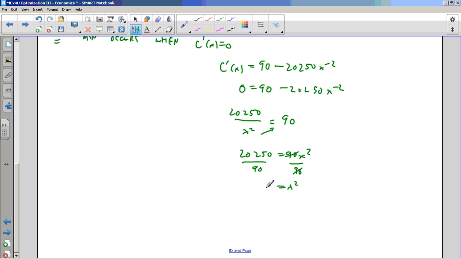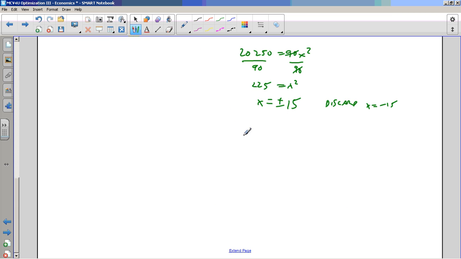This is whatever that is. I think that's 225. And so X is equal to positive and negative 15. But of course, the negative doesn't make sense. Discard X equals negative 15. And then check my endpoints if I wanted to, but I know the minimum is going to happen at 15.